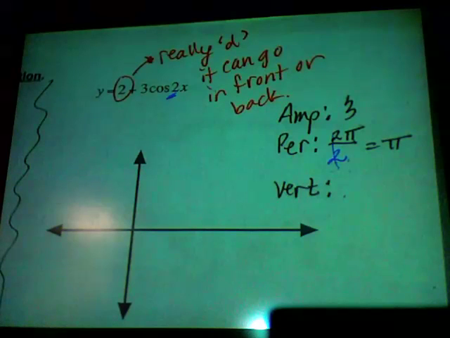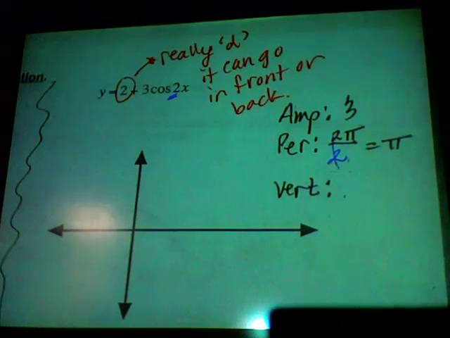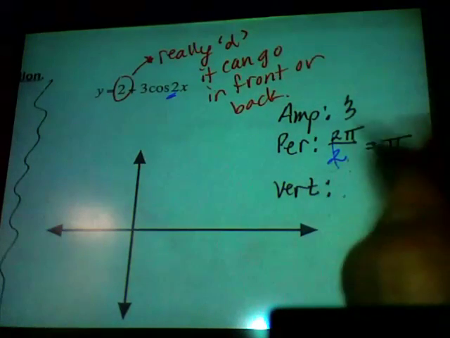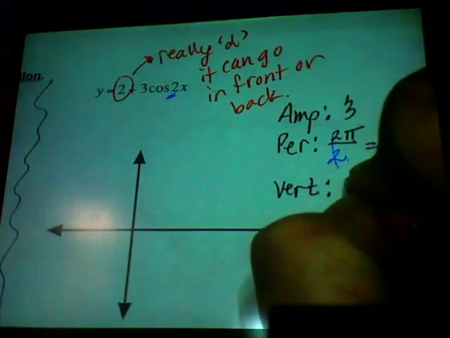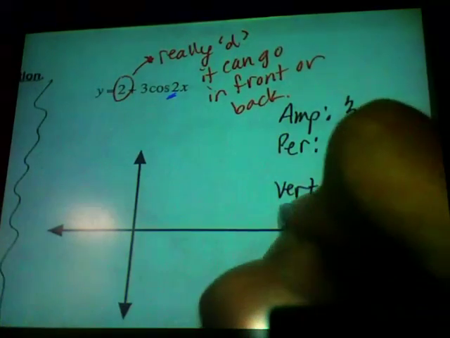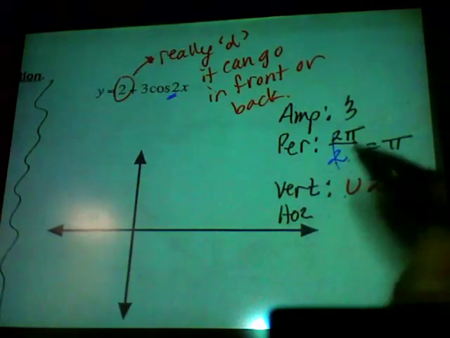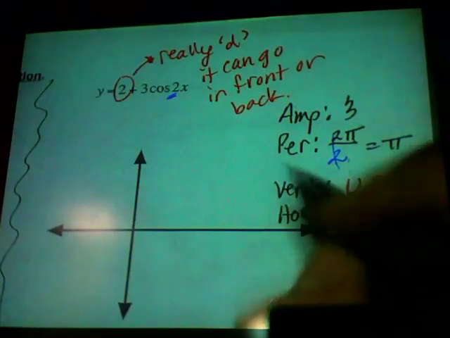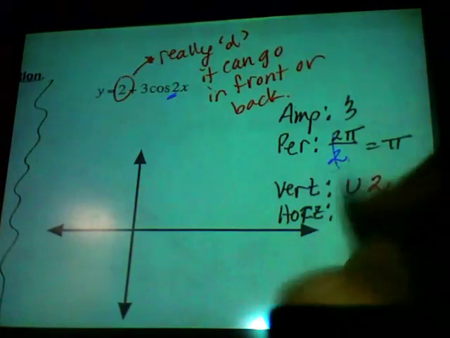Isn't that nice of them to try to confuse you when you're already confused? All right, so vertical shift we do. Are we going up or down 2? Up 2. Any horizontal change? No. None.